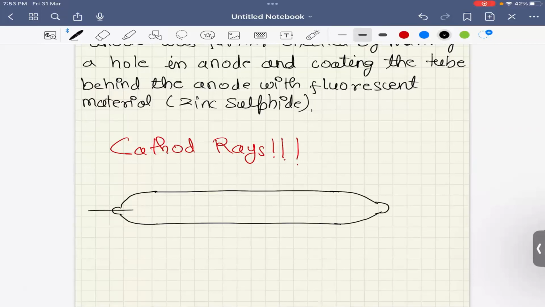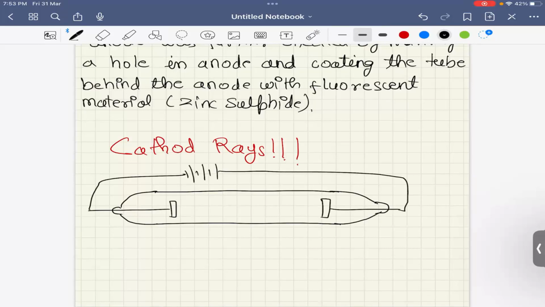Here we have the cathode. Here we have the anode, connected to an external circuit. Here we have the vacuum pump arrangement.